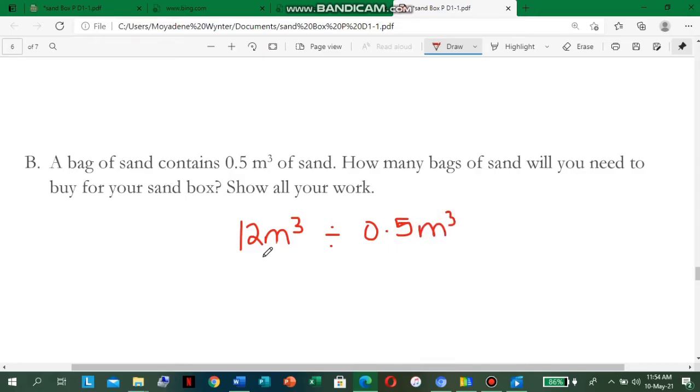All right, good. So you might be saying, why are we not converting? We don't have to convert anything, because we are looking at the same measurements. We're dealing with meter and meter. If one measurement was different, then we would have to do some conversion, just like a sinner and a Christian.